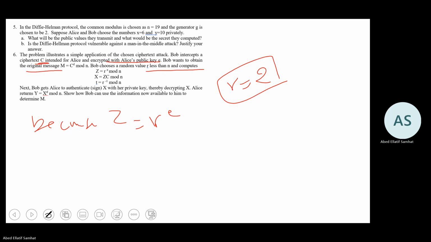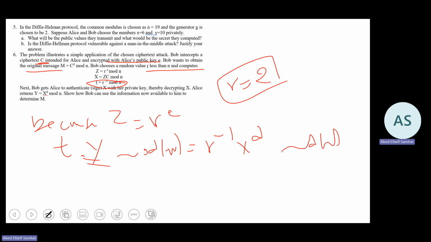When receiving Y, Bob will compute T times Y. T times Y mod n, where T is R minus 1 and Y is X to the power D mod n.